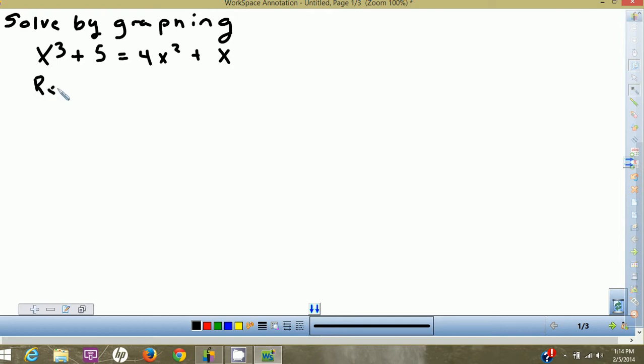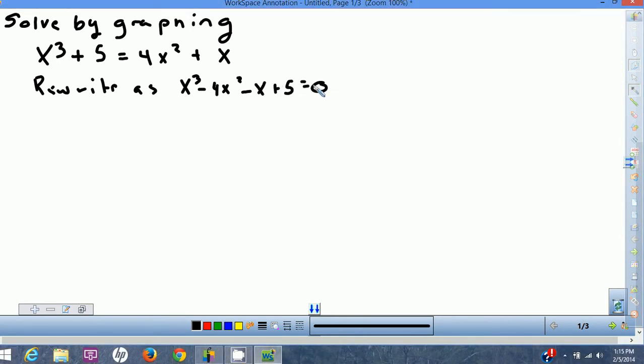So if I rewrite this polynomial equation as x cubed minus 4x squared minus x plus 5 equals 0, I have that rewritten in standard form.